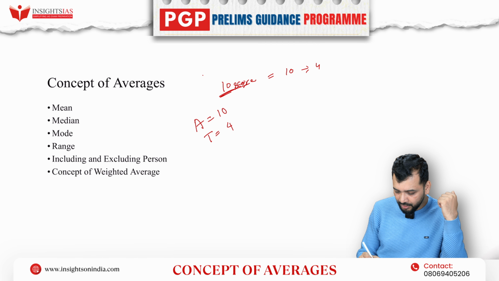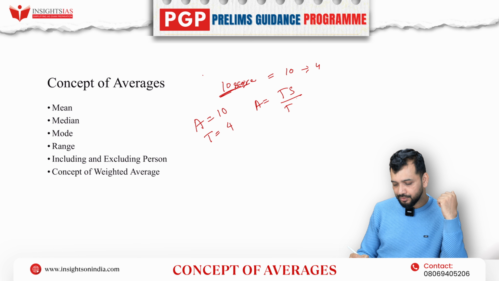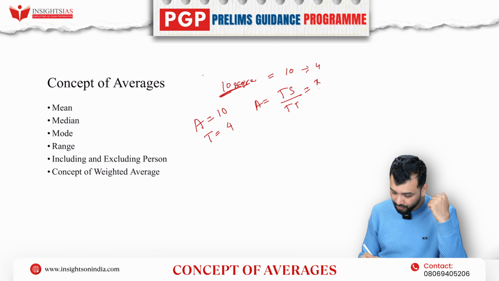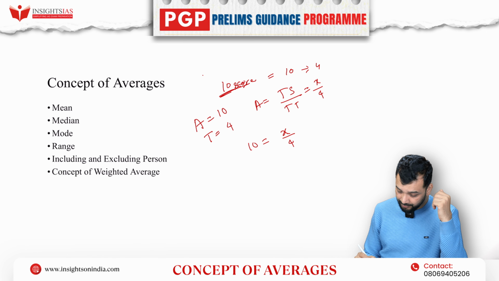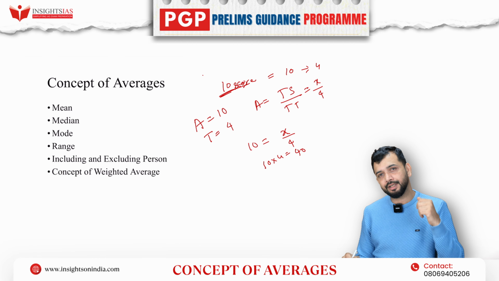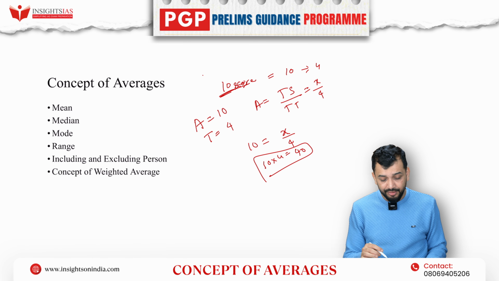So average is what? Total score divided by total number of tests. Total score we don't know, but total tests you know, 4. So 10 is equal to x by 4. Our total score is equal to 10 into 4, that is 40. Right. So total score is 40 here.